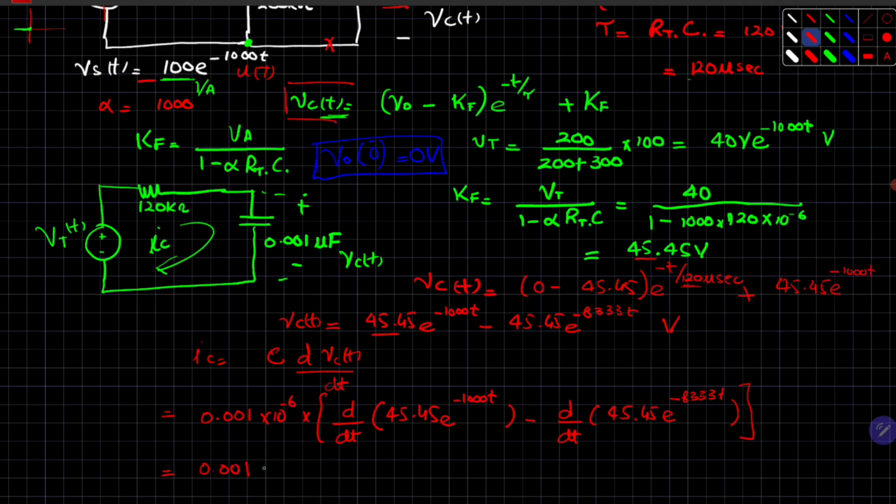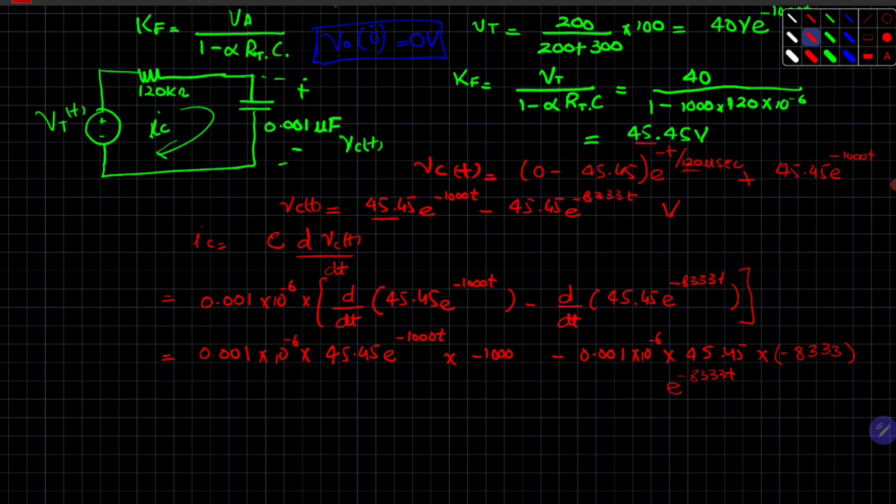So 0.001 into 10 raised to power minus 6 multiplied by 45.45 e raised to power minus 1000 t, multiplied by minus 1000, minus 0.001 into 10 raised to power minus 6 multiplied by 45.45 into minus 8333, multiplied by exponential minus 8333 t. Now, by solving these numerical values, what do we get?